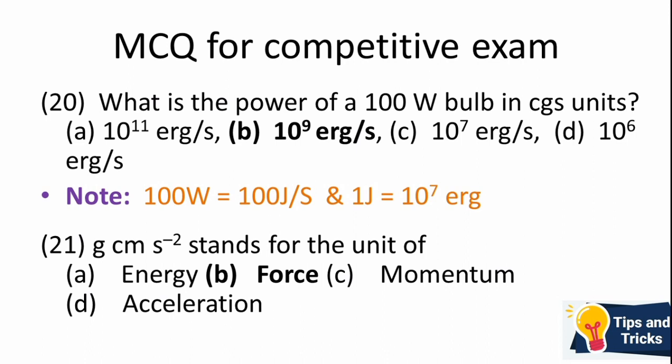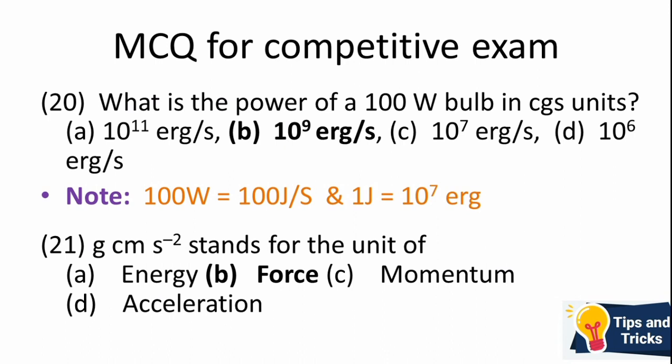So erg is a CGS unit of energy. So we know that 100 watt is equal to 100 joules per second, and we also know that 1 joule is equal to 10 power 7 erg.